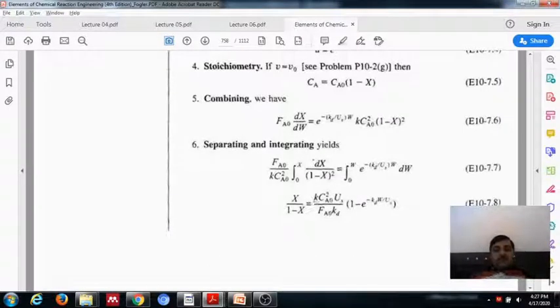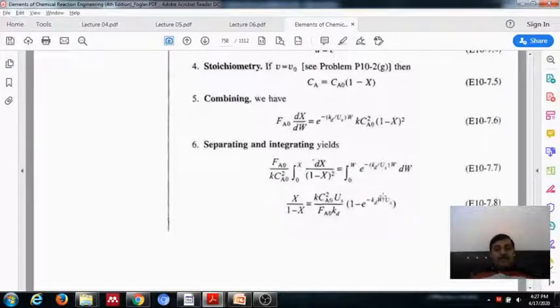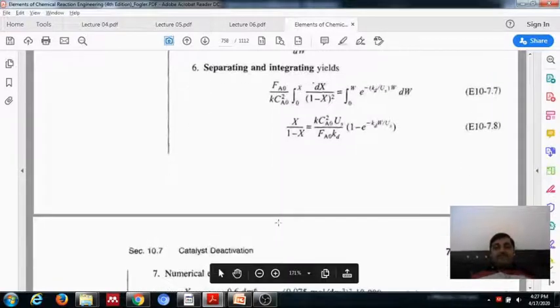So you have the k value, the Ca0 value, the mass velocity, the mass flow rate, the decay rate constant, and the weight of catalyst, all known to us, again decay rate constant and mass velocity. So everything on the right side is known to us. The only unknown variable here is conversion, which we can solve.